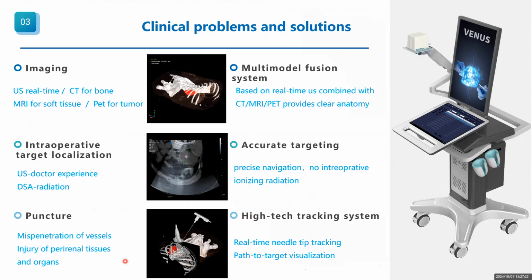But CT is high resolution, but there is radiation also. It's very sensitive for bone or stone diagnosis. And MRI is very helpful for soft tissue disease. And then PET-CT and PET are for tumor diagnosis.